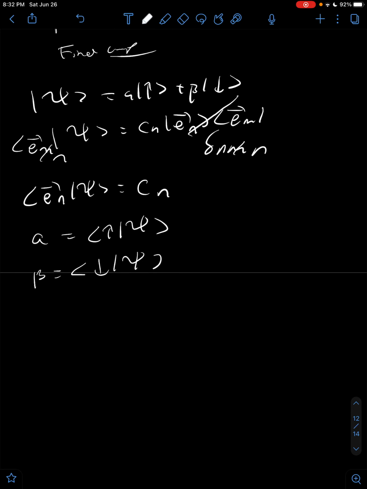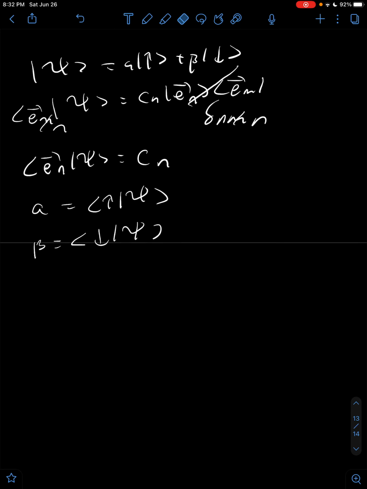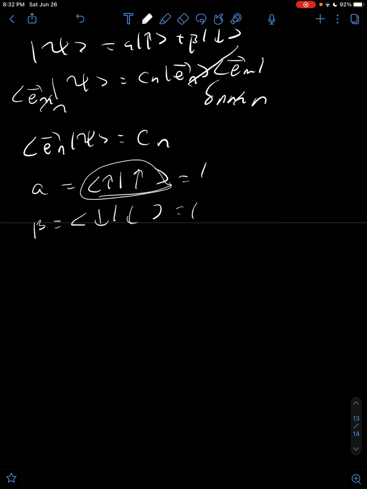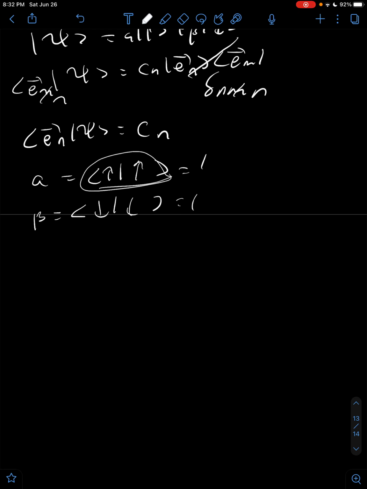Okay, so if the spinor is spin up, then alpha equals 1, right? Since they are unit vectors now. And if the spinor state is down, then beta is 1. And this makes a lot of logical sense, right?